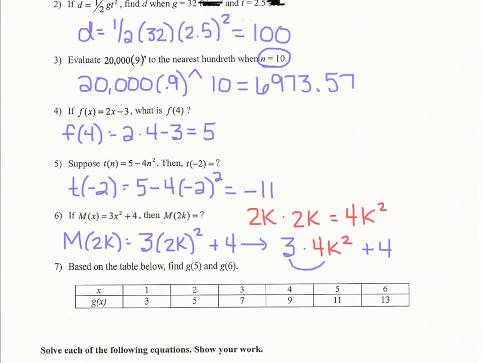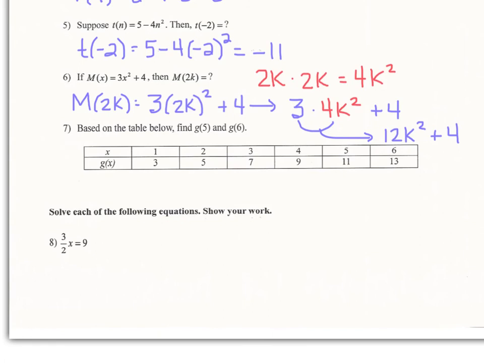And then I can put these two things together and make 12k squared plus 4. And then I can't go any further because I can't combine this 12k squared with this 4. They're not like terms, so I can't put them together. So this right here would just be my final answer, 12k squared plus 4.